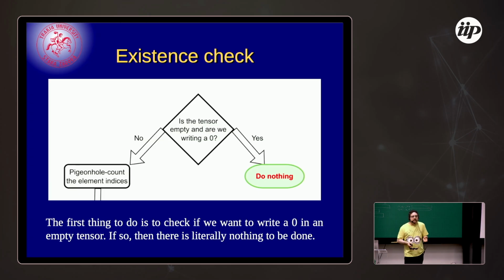But you may ask, why would you want to write a 0? If you're only writing ones, like writing edges when they are there, why write 0? Because, for instance, you're working on adaptive networks and you want to delete an edge. So let's see how many edges I need to delete before the network fragments. That's when you write a 0. So you may want to do something like this.